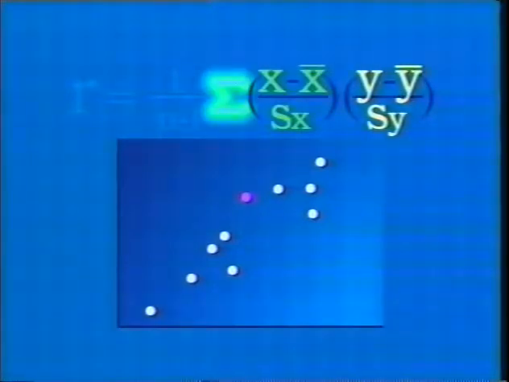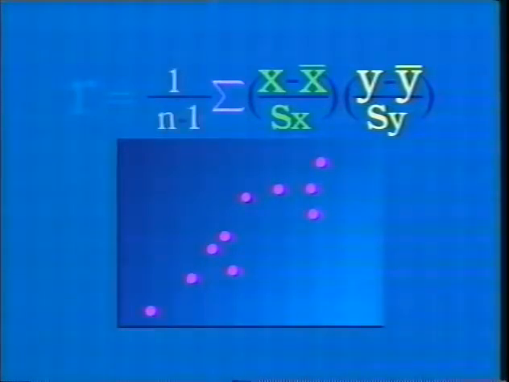After we do this conversion and multiplication for each point, this sigma sign means add up all the products. If we stop there, R would be larger the more points there were. So we average these products. We divide by one less than the number of cases, or n minus 1. This also has the effect of keeping R between -1 and +1.